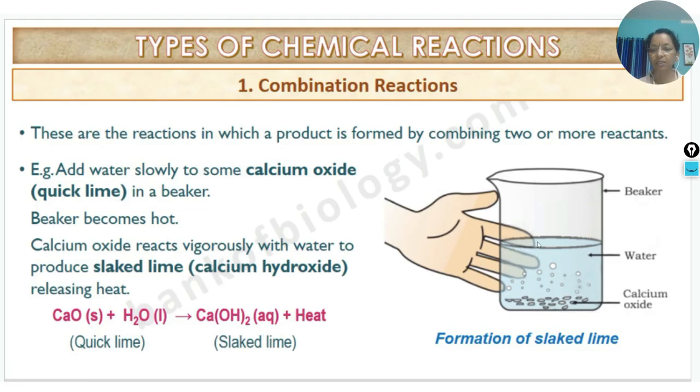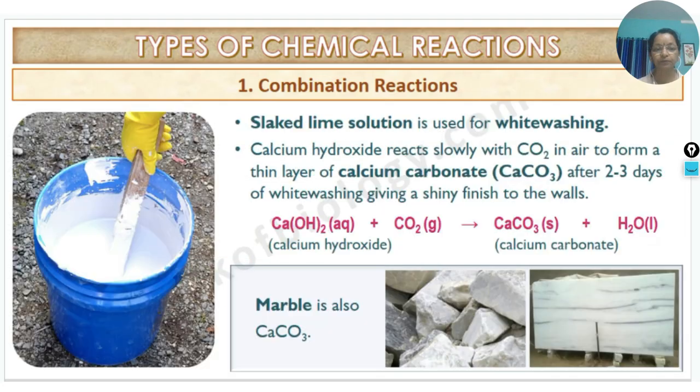In the beaker, if you touch the outside surface after the reaction between quicklime and water, you can see that it is showing high temperature. The heat we can feel in our palm. So that is the first example for combination reaction.